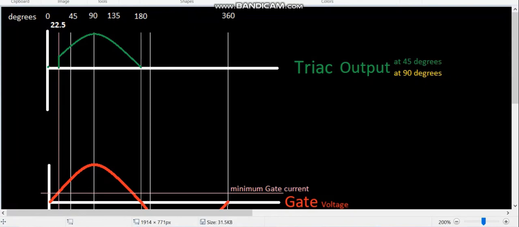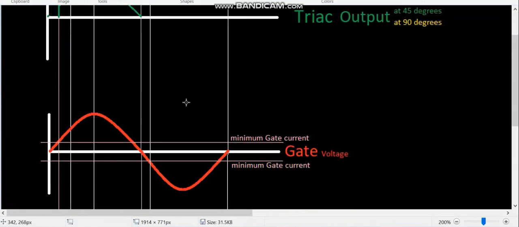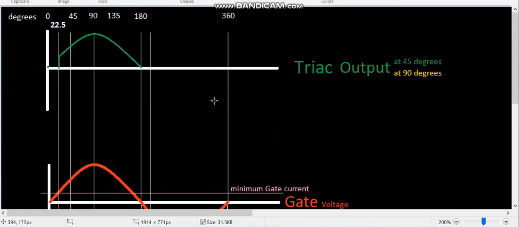Well, if we think about this, if this SCR is able to fire on both the positive and the negative, the Triac, the SCR only fired on the positive, right? But a Triac can fire on the negative as well because of the way it's two SCRs in inverse parallel.